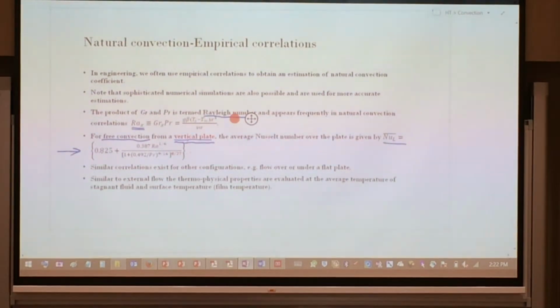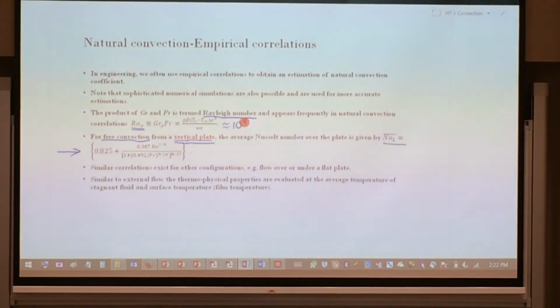Okay. If the Rayleigh number were to be approximately 10 to the power of 9, this is what we call the critical point that we use to decide are we in the laminar region or in the turbulent region for a natural convection. Okay? Not forced convection that we're talking about. For natural convection, if the Rayleigh number were to be lesser than 1 times 10 to the power of 9, that means you're in the laminar region.